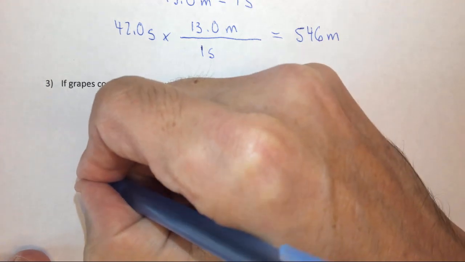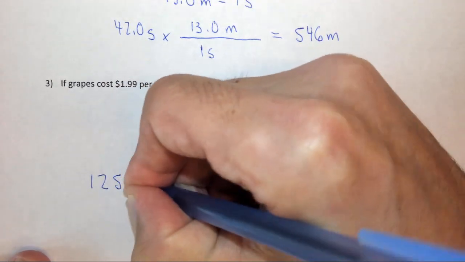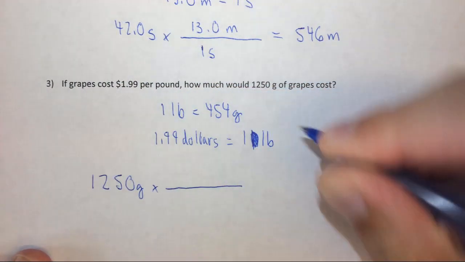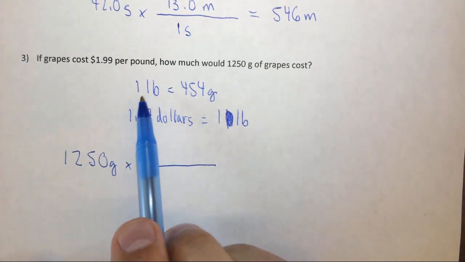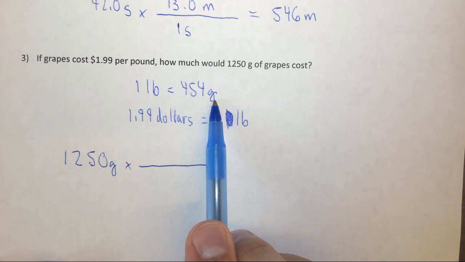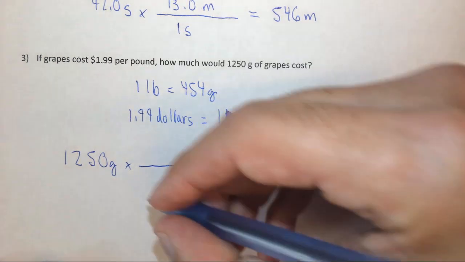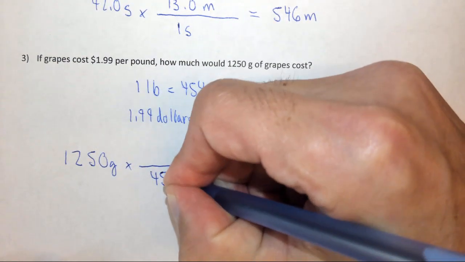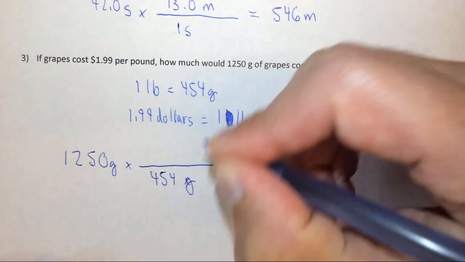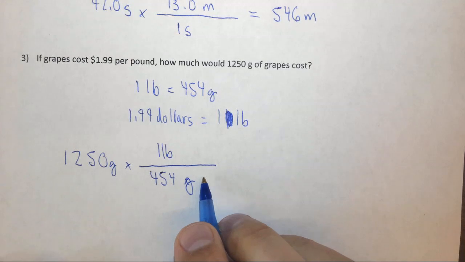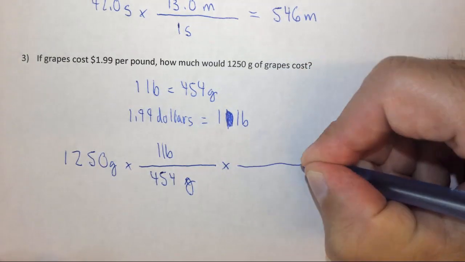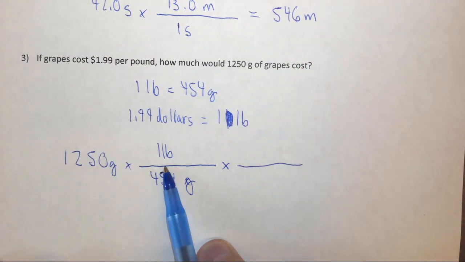So starting with 1,250 grams times, what do we want to put on the bottom? Well, on our first equality, we have 1 pound and 454 grams. Since we want grams to cancel out, we put grams on the bottom in the denominator, and we put the 1 pound on the top, or in the numerator. Then we need to do another conversion because we don't want to know how many pounds this is.